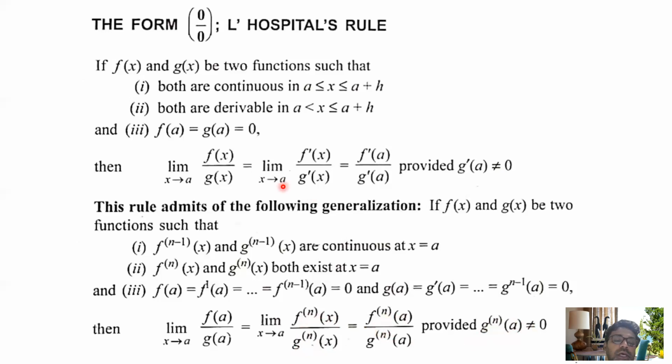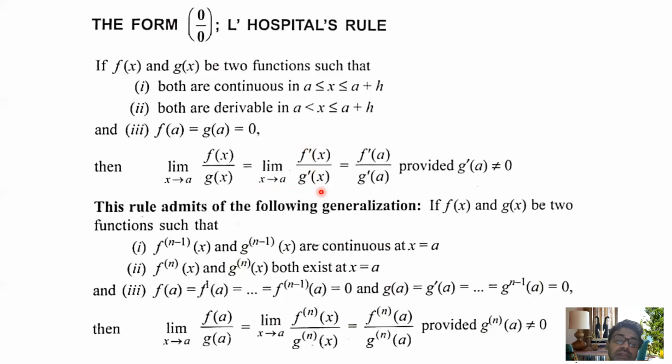So from it, it is clear that when we see the limiting value 0/0, then we can apply L'Hospital rule. Then we have to differentiate f(x) and g(x), and after substituting the limiting value into f'(x) and g'(x), if we can find a finite value, this will be the answer for this limit.